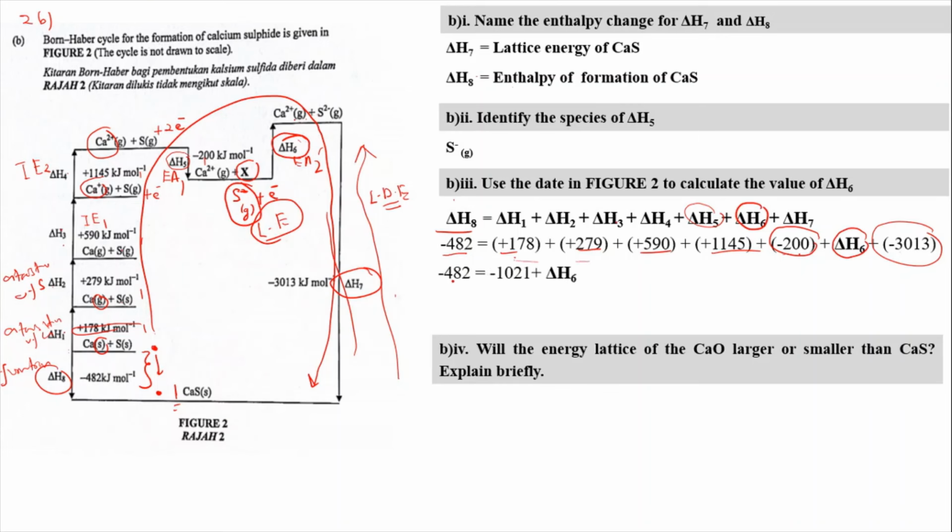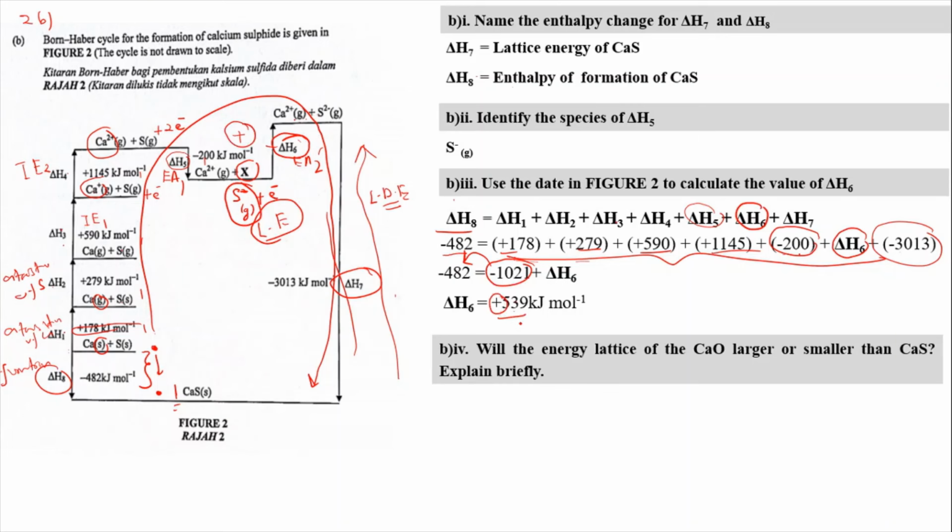So negative 482, bila tambah semua ni sekali, kita akan dapat negative 1021 plus delta H6. So you can bring this term to the left hand side. So delta H6 here is going to be equal to positive 539 kilojoule per mole. Bila tengok kat sini, logik lah, pasal dia adalah naik ke atas, so it needs to have a positive value.